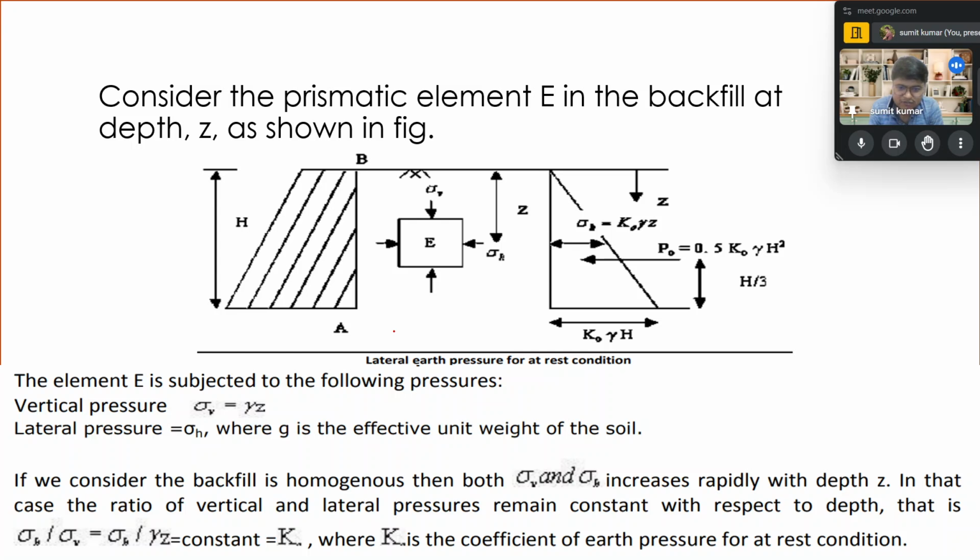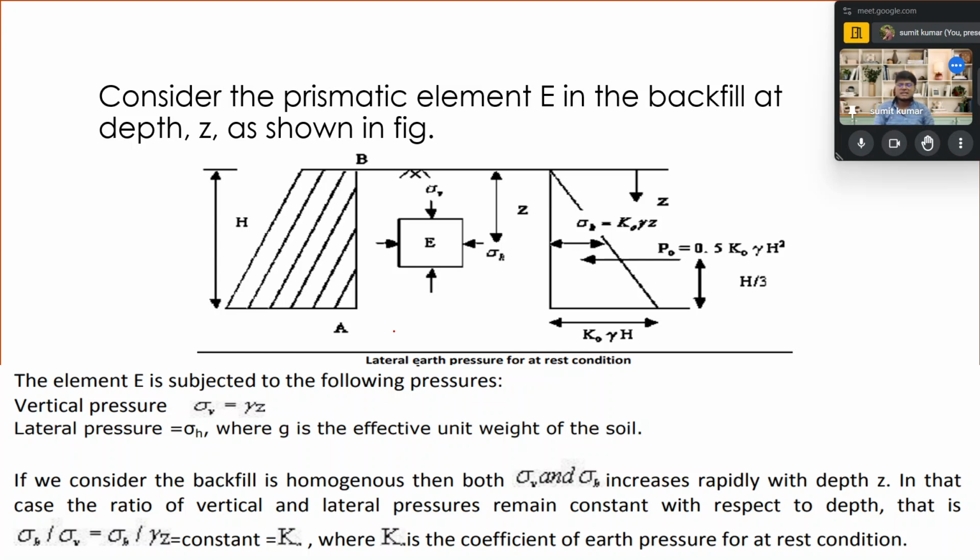On the central block, the block E is shown. The pressure applied from the horizontal direction is sigma h, and the pressure applied from the vertical direction is sigma v. The ratio of sigma h to sigma v is the coefficient of earth pressure, and it is less than 1 for the active earth pressure condition and greater than 1 for the passive condition.